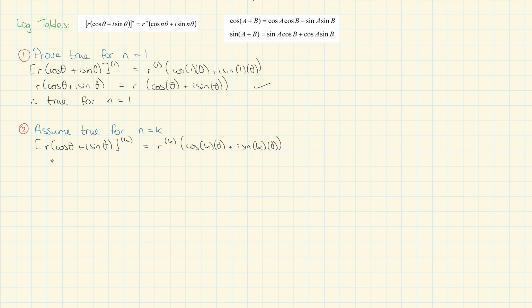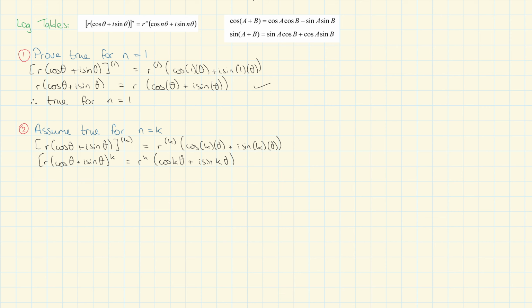We'll just tidy up. So we get r cos theta plus i sin theta to the power of k is going to equal r to the power of k on cos k of theta plus i sin k of theta.